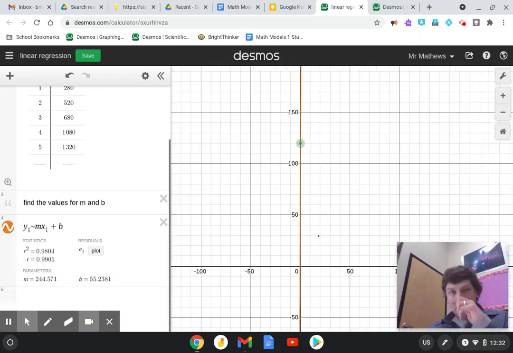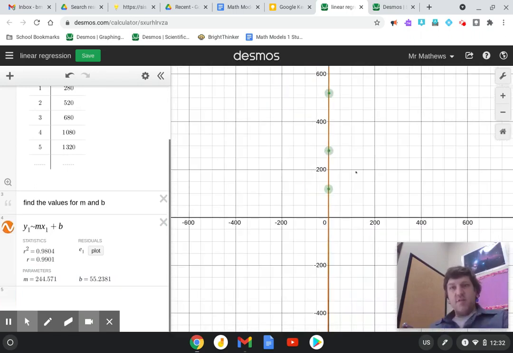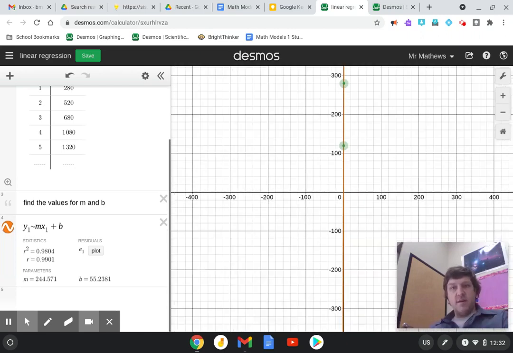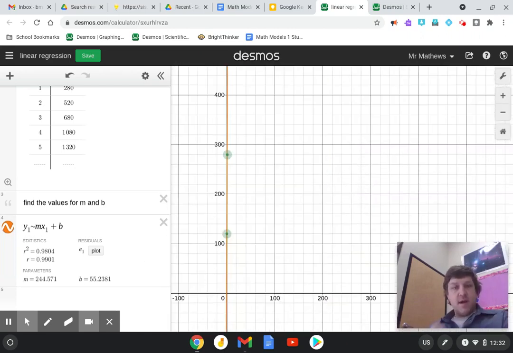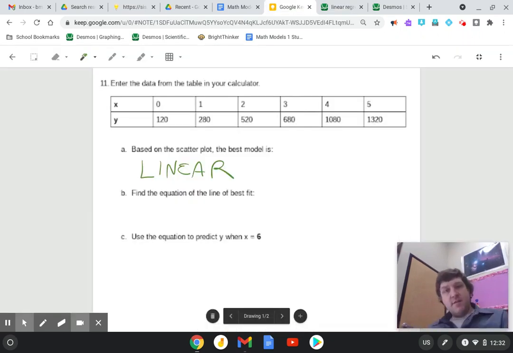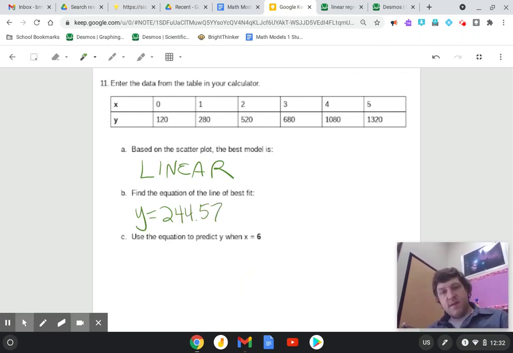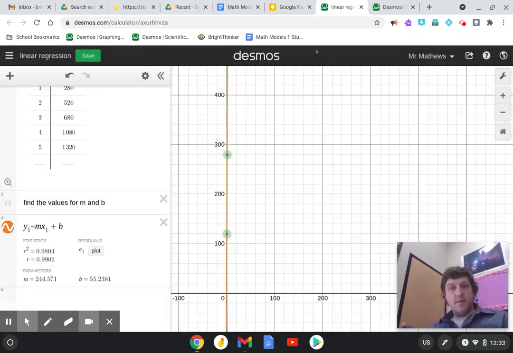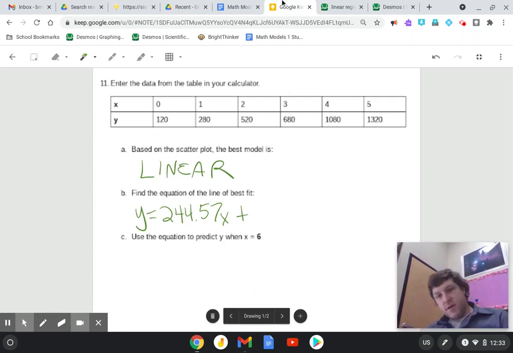Obviously, these are really large numbers, so you have to zoom way out to see them. That's not really that important, though. You have your m and your b. 244.57 is our m. So y equals 244.57x plus 55.23.